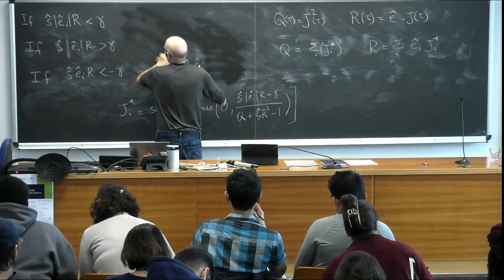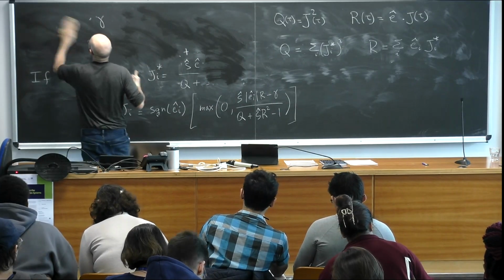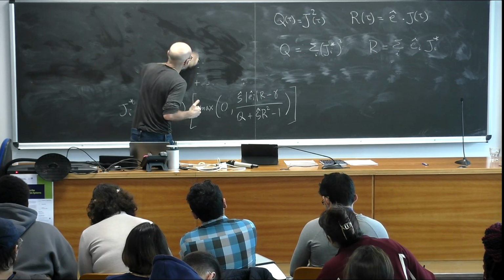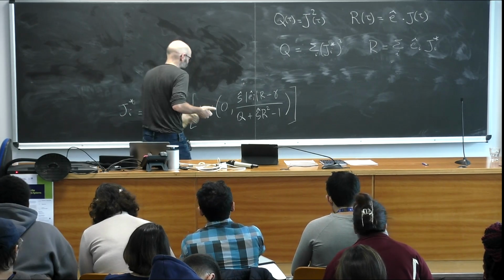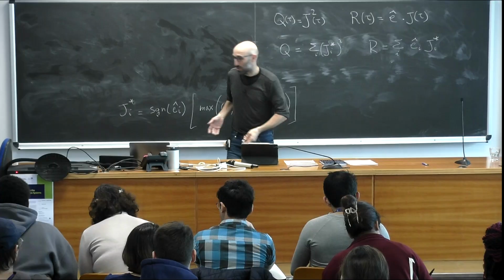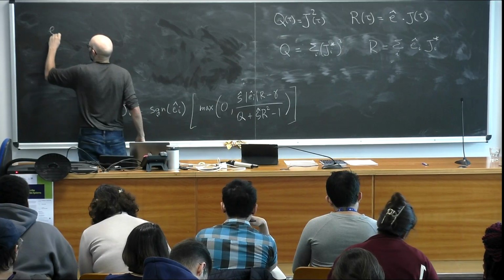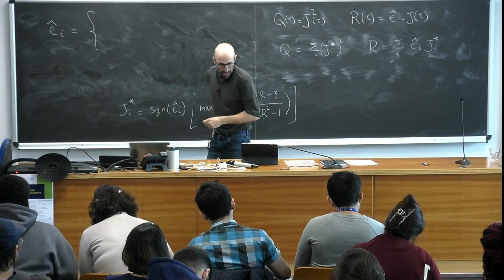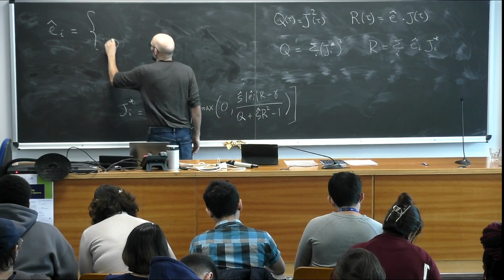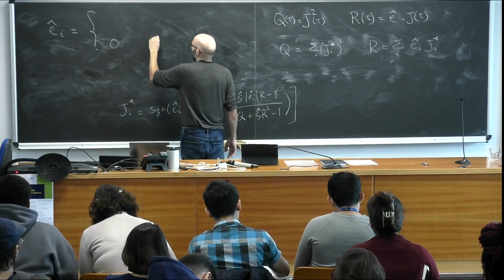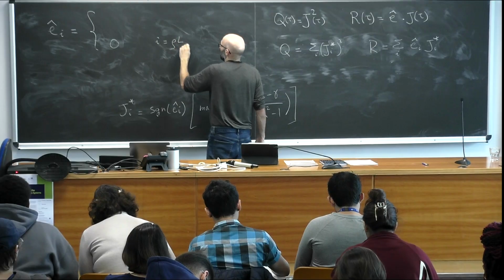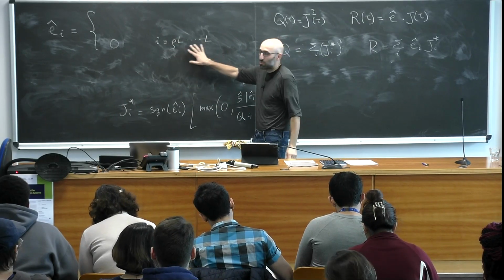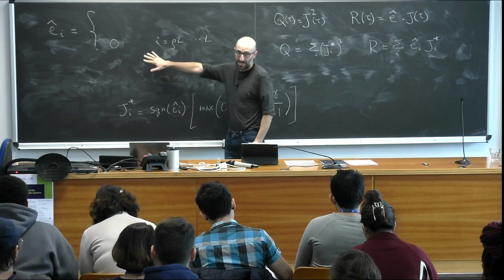So something you can do to see what happens, and then I conclude, is to consider a very simple case where the vector E, the principal component, is sparse. So let's assume that the principal component is equal to 0 if i is greater than rho L. So there is a fraction 1 minus rho of the components that are 0.